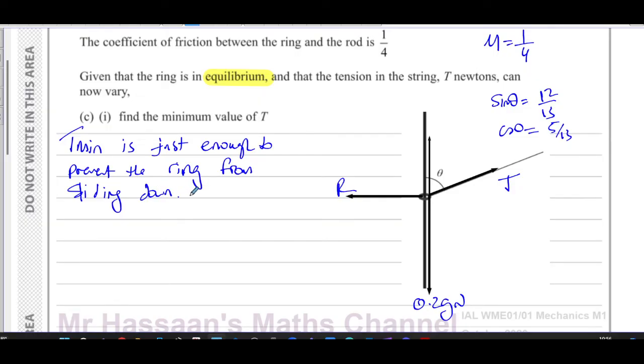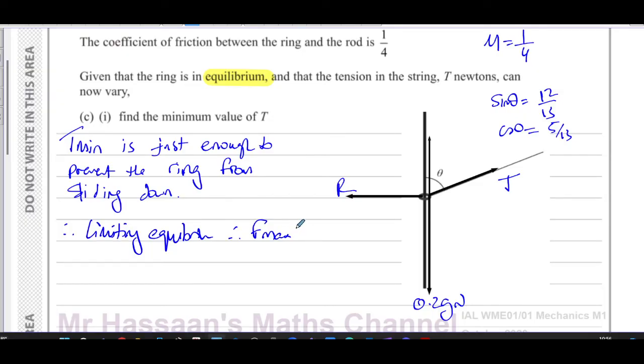the rod. Okay, so therefore, if it's just about to slide, it's in limiting equilibrium. It's in the limit of its equilibrium. Which means that the frictional force that's generated is the maximum value of friction that can possibly be.